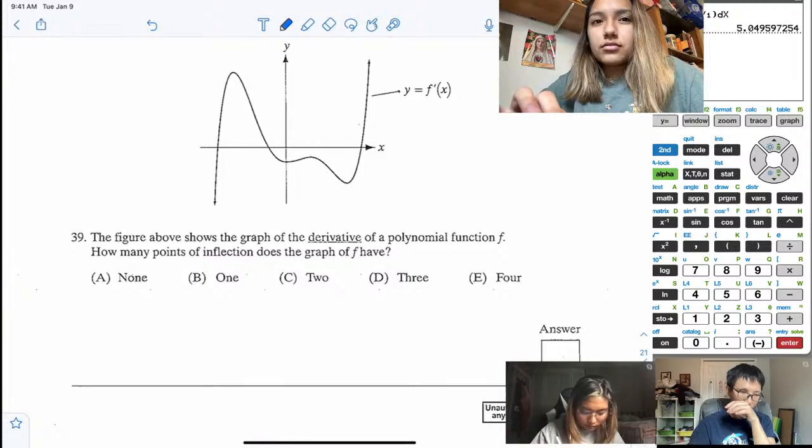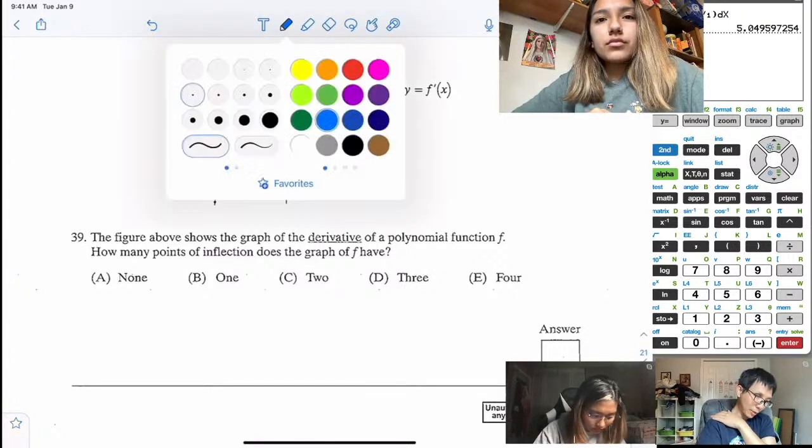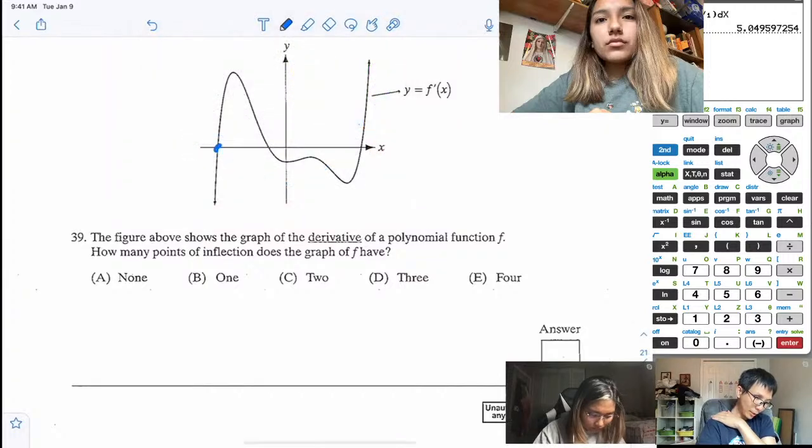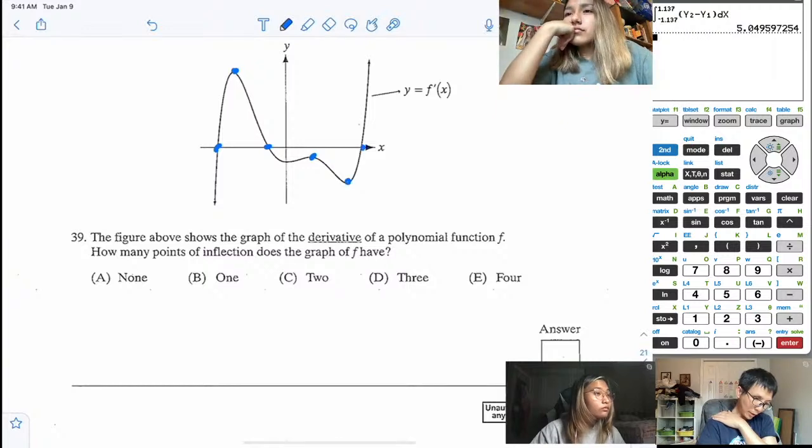The inflection point is when it changes concavity, right? The direction. So wouldn't it be 4? I think 4 too. 4 is the right answer, but do you know at which location?